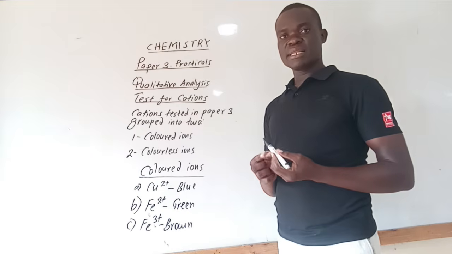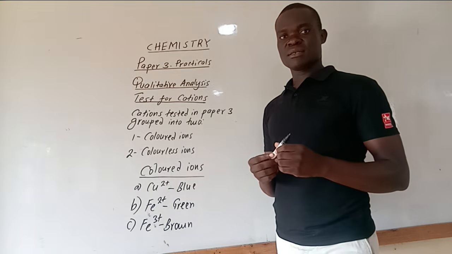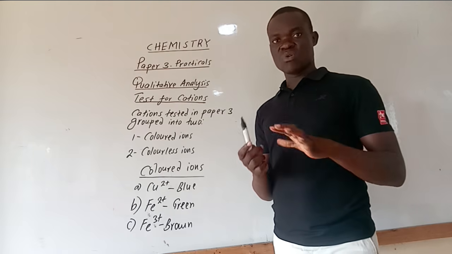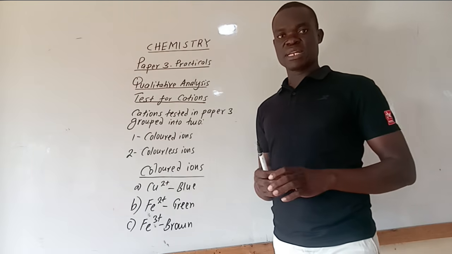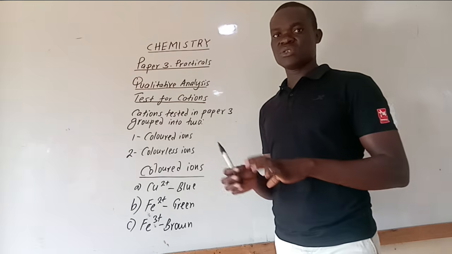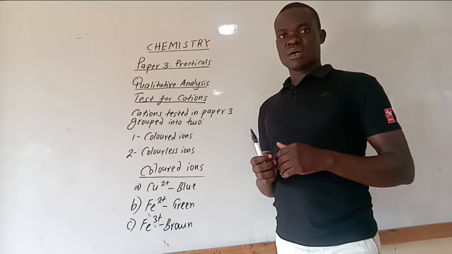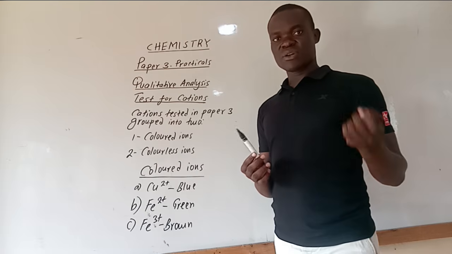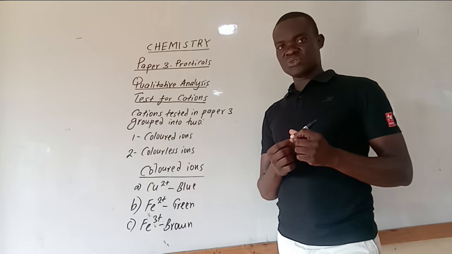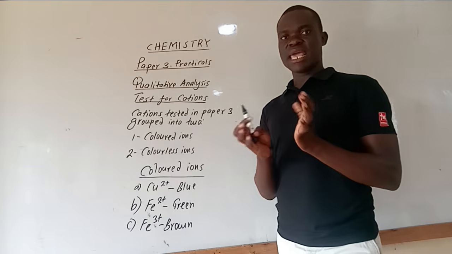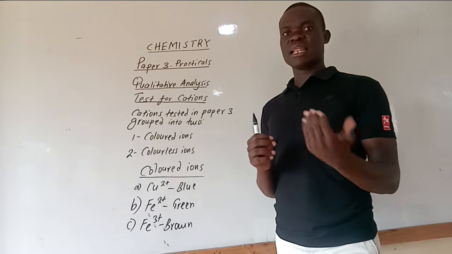So when we dissolve a certain solid in water, we are given distilled water with a certain solid that we don't know what it is, and we are required to dissolve it. The first thing you should know is that you are testing for ions, either colored or colorless.